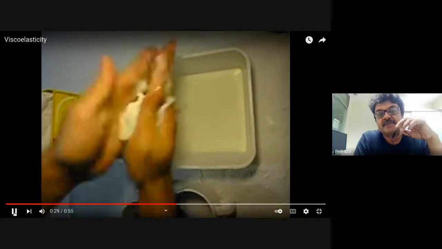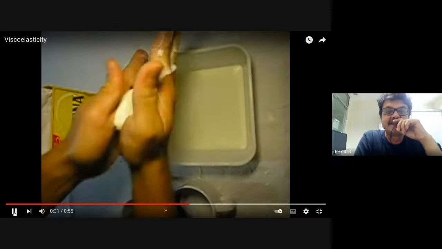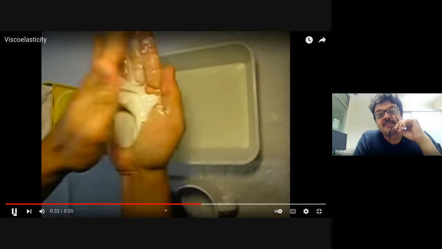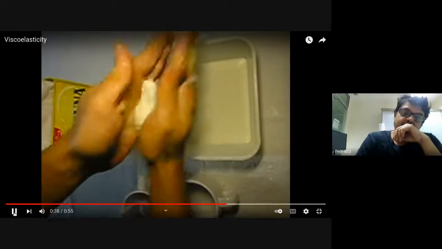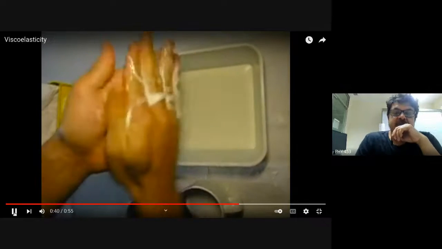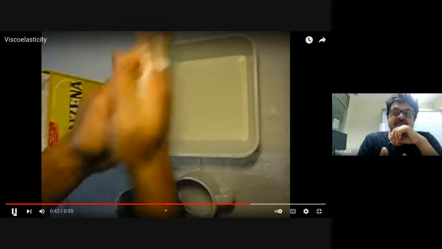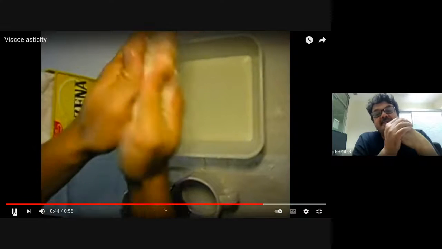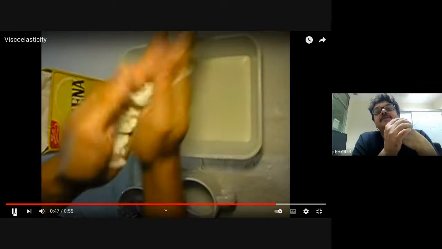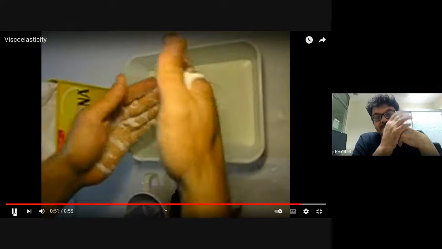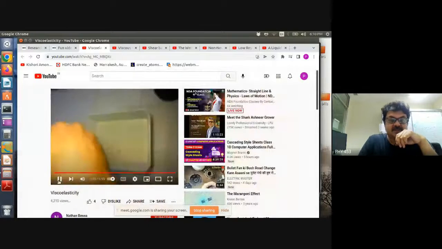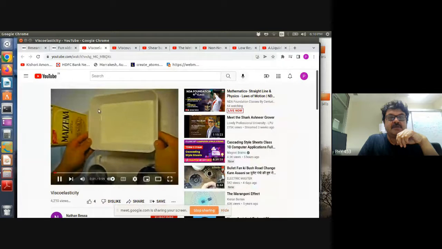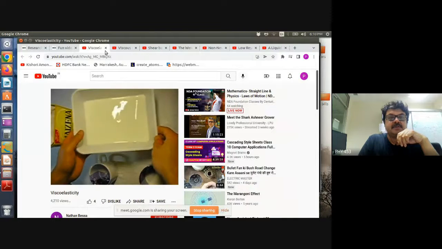So here you are seeing the phenomenon of shear thickening. This is behaving like a solid, but as soon as he stops applying stress, you will see that the fluid starts flowing. So that's the phenomenon of shear thickening. And again, it's a non-Newtonian fluid.